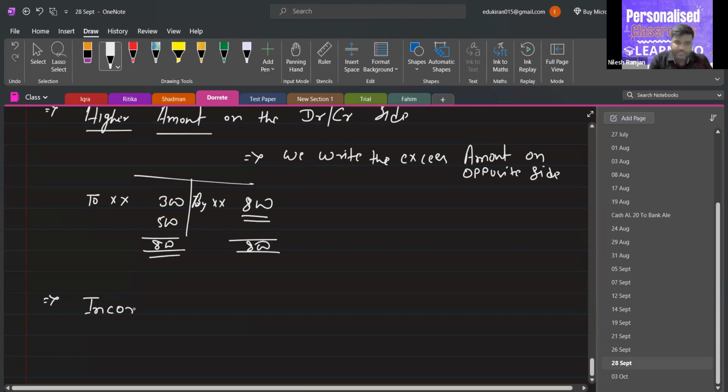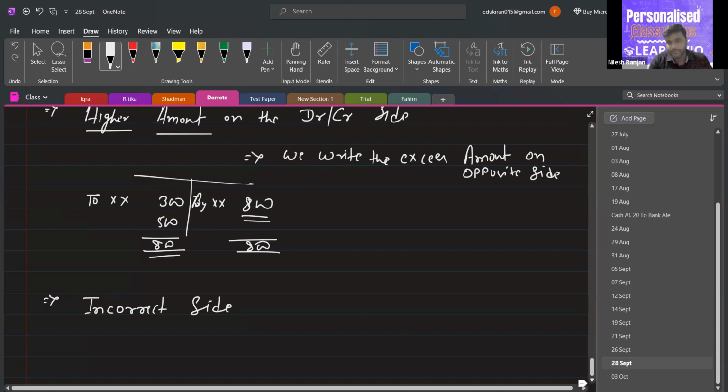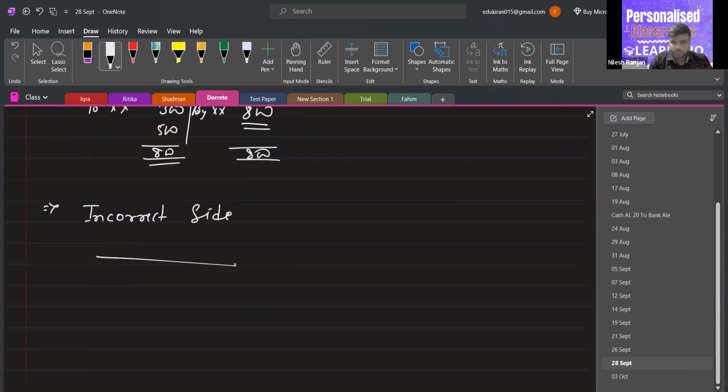Incorrect side. Now, let's say we have to write something on the credit side, here we should write the amount, but by mistake we have written it on the debit side with 500. Okay, sir.